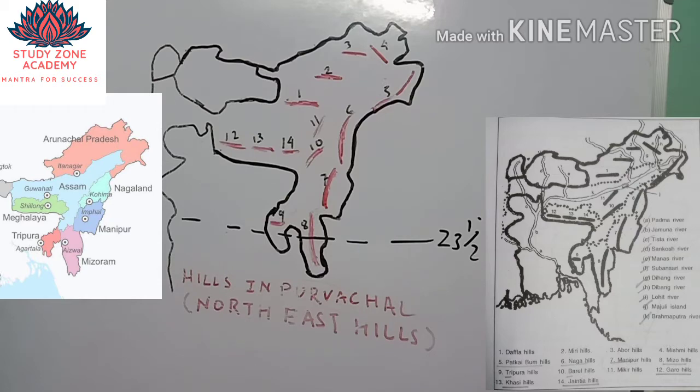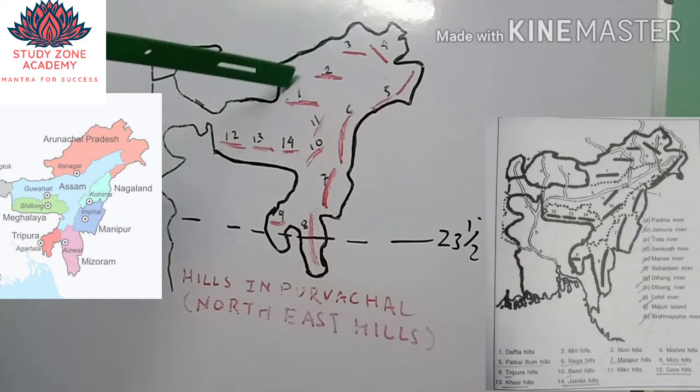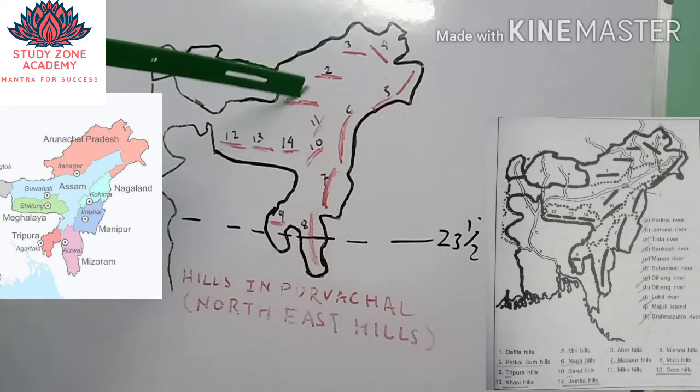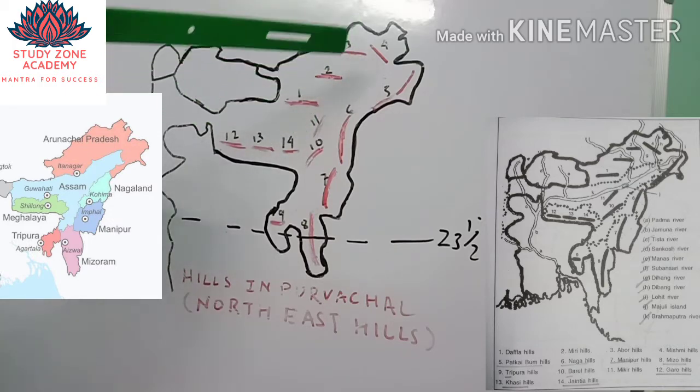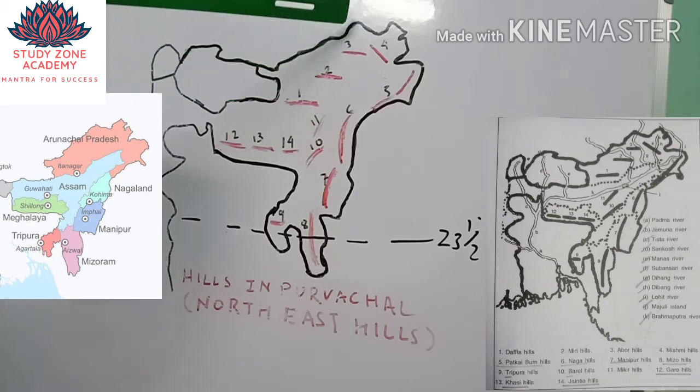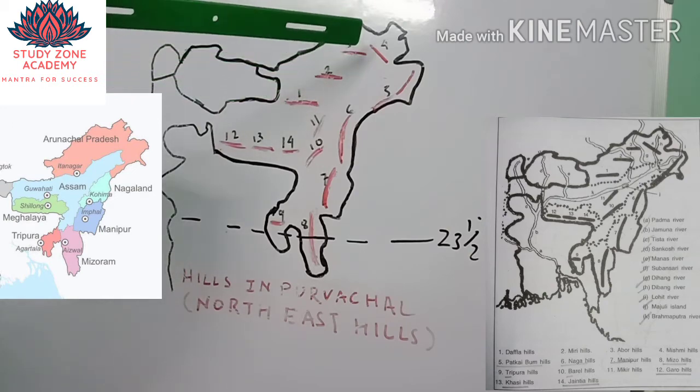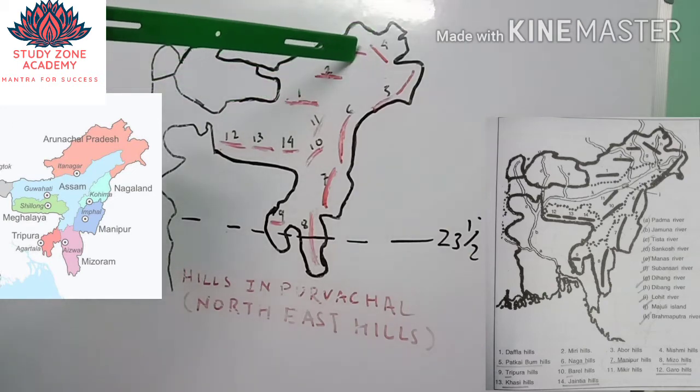See, in this diagram, 1 we have Dafla Hills, and 2 at exactly a 45-degree angle you're going to find Miri Hills, and along the same 45-degree line you're going to find Abor Hills.